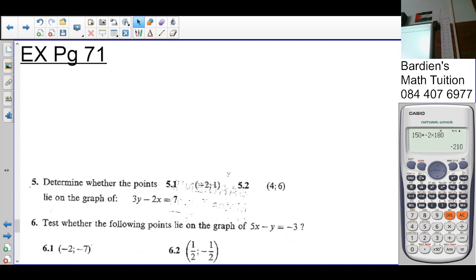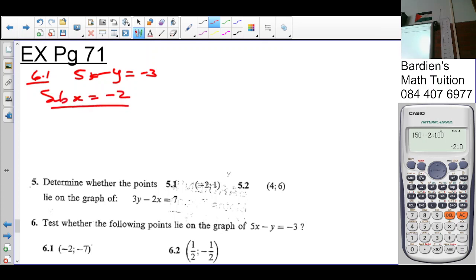Number 6, same story. Okay? 6.1. So the equation is 5x minus y equals negative 3. So you're going to substitute x is equal to minus 2. So 5 times negative 2 minus y is equal to negative 3.